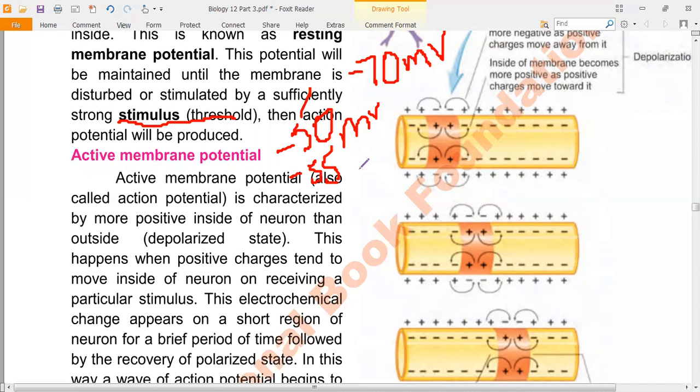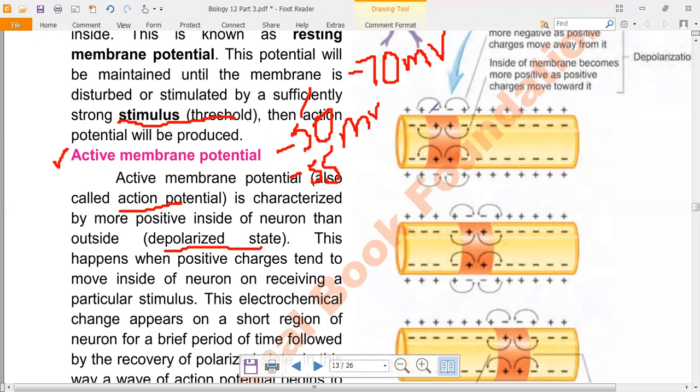Once it reaches here, the distribution of the charges changes. That is called active membrane potential, or action potential. By that, the charges are disturbed, and that state is called the depolarized state.